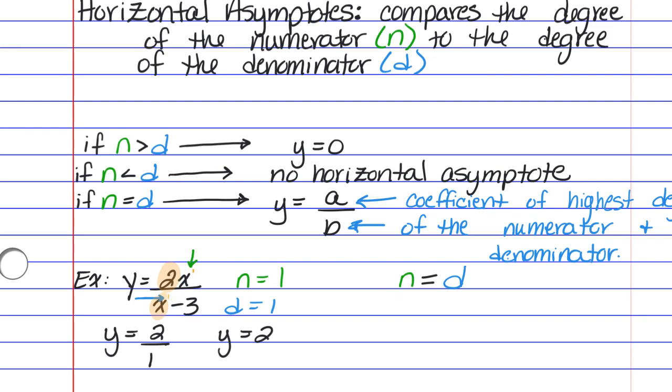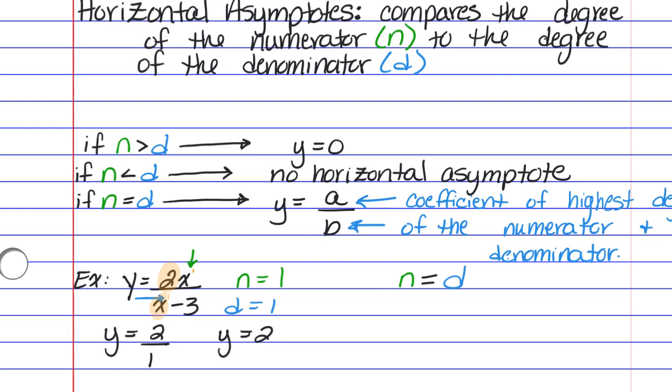But when you have the degree of your numerator equal to the degree in your denominator, let's say you have an x squared in your numerator and an x squared in your denominator, your horizontal asymptote occurs at the line that compares the coefficient of the leading degree to the coefficient of the other.